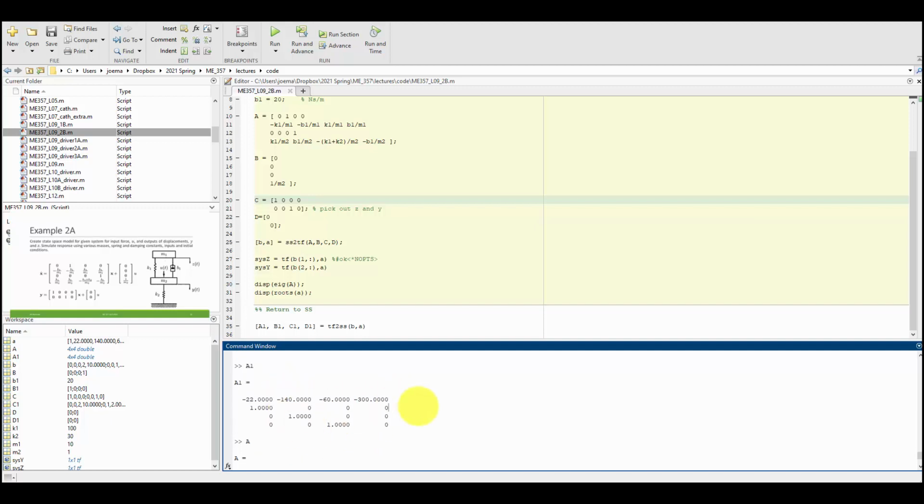And the A matrix we got also is looking different, but we should be getting the same results out of that as well. So like we saw in the first example, TF2SS doesn't work out quite as nicely if we start with the transfer function and then get a version of the state space form. But going forward, state space to transfer function, that does a pretty good job, at least in this automated way.